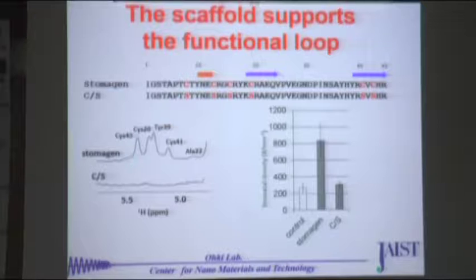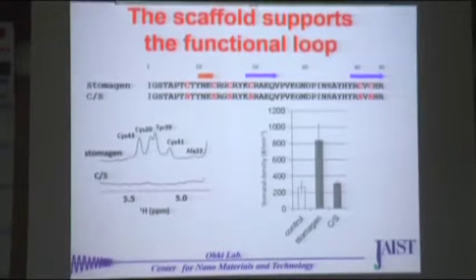So these are forming beta sheet residues. So we say the CS mutant doesn't have a stable three-dimensional structure. So the unstructured peptide doesn't show any activity. So the scaffold supports the functional loop.